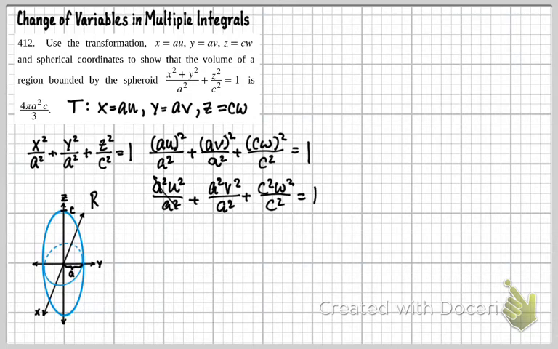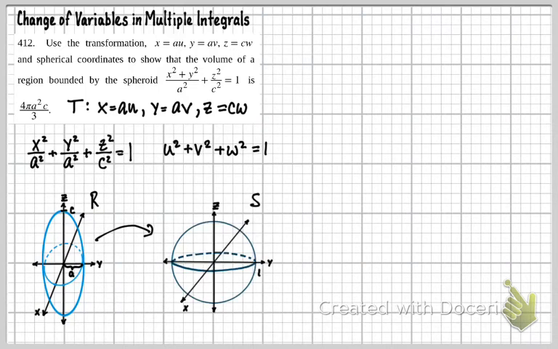And you can see that all of those are just going to cancel out, and I'm going to get u squared plus v squared plus w squared equals 1. This turns out to be a sphere of radius 1. So this elongated sphere, or ellipsoid, is going to be mapped to a sphere of radius 1. Now let's take a look at that image.